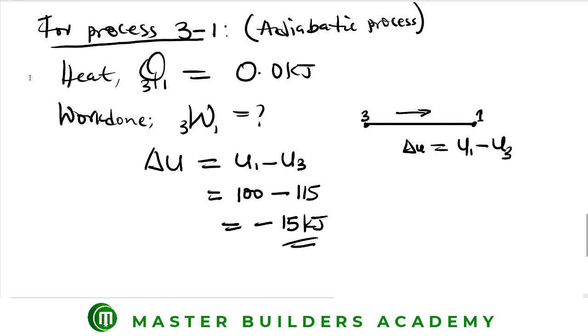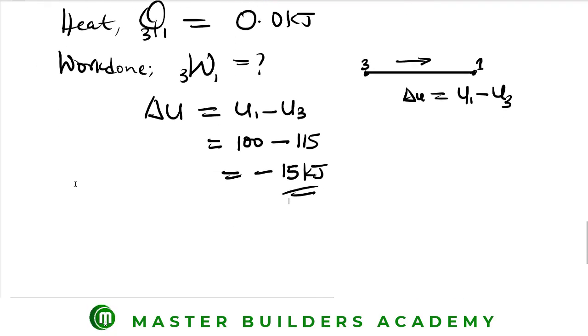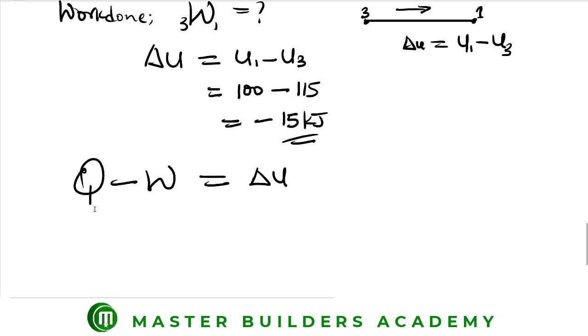Again, all we just need to do in this process now is to recall the equation of the thermodynamic first law. Are you there? So the first law of thermodynamics equation states that Q minus W is equal to change in internal energy. So we can actually rearrange this to suit this particular question or this process.